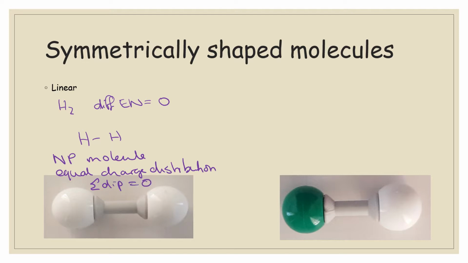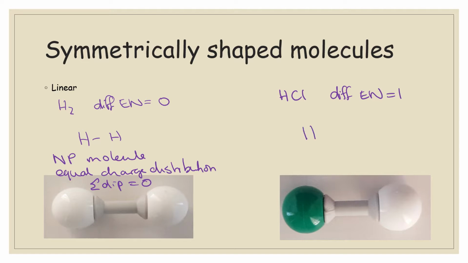With HCl, however, it's slightly different. Now chlorine has an electronegativity of 3.2, hydrogen has an electronegativity of 2.2, so the difference in electronegativity is 1, which means it's a polar covalent bond.